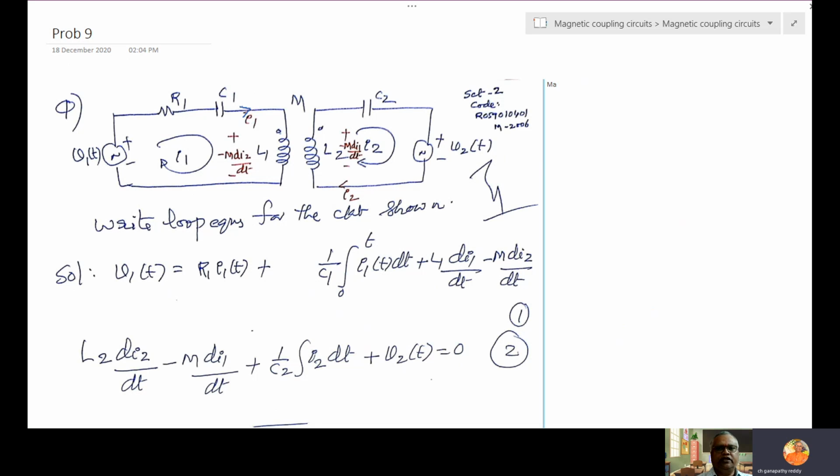So I1 is entering at the dot, assume sensing at the dot, entering at the dot, sensing at the dot. Here it is plus. Entering, written wrong. This is plus.